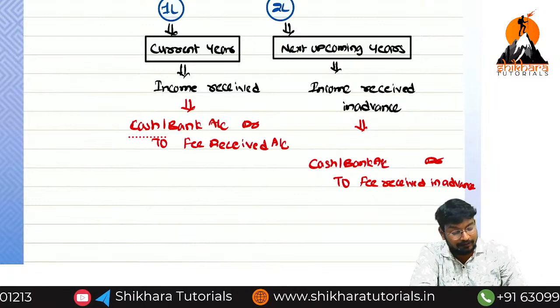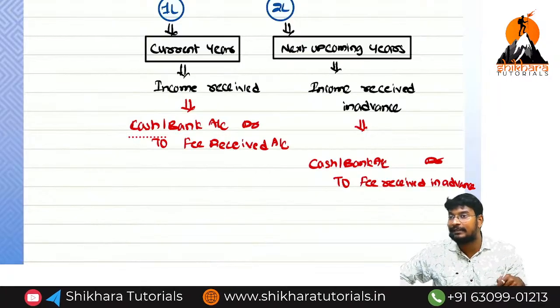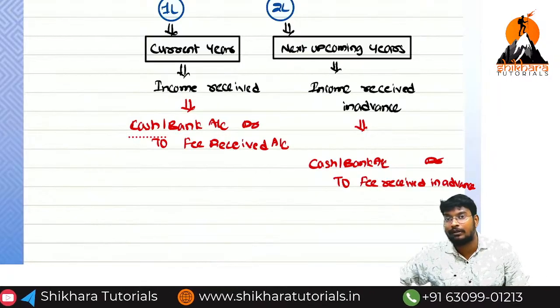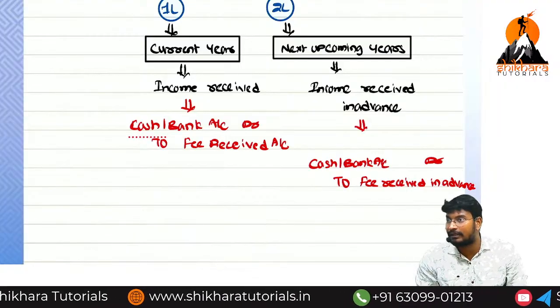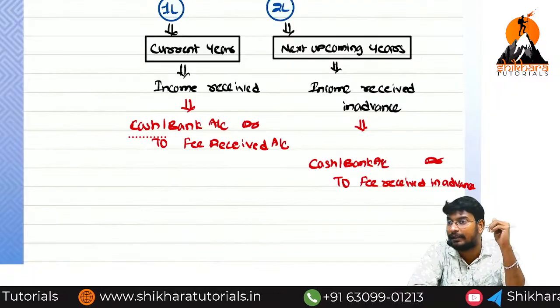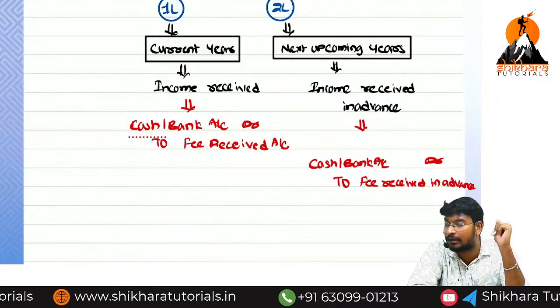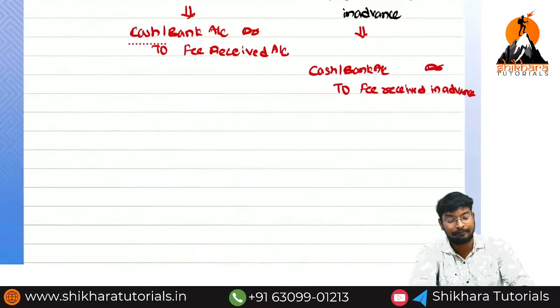If you write fee received, we cannot differentiate. So in order to differentiate the current year and next year, we need to give a separate name called fee received in advance. This is how we write the entry for income received in advance.